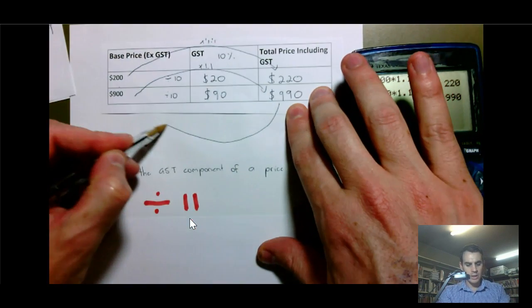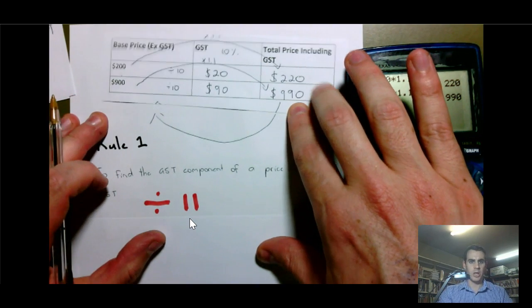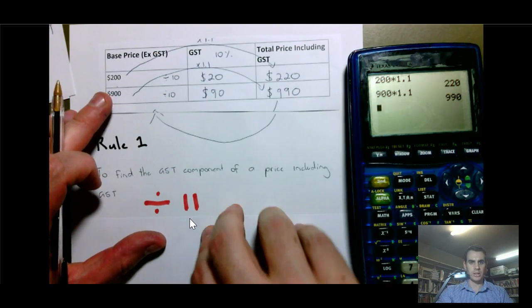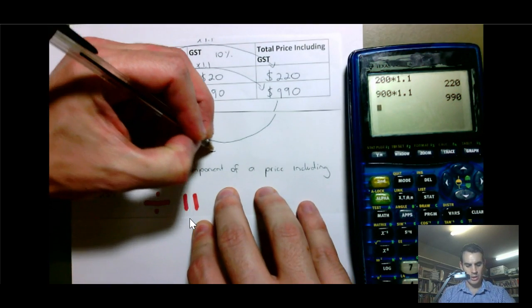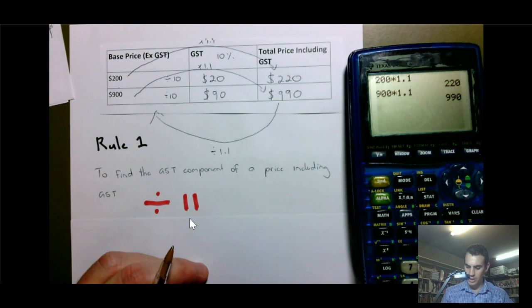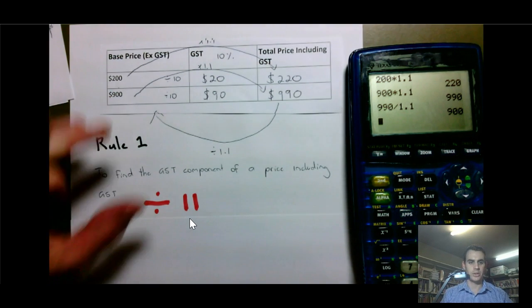So I'm moving in this direction here. So I'm skipping out the GST component. What would I do? Instead of multiplying, I'll actually divide. So what I'll do is I'll divide by 1.1. Let's test that now. If I go 990 divided by 1.1, enter, that equals $900.